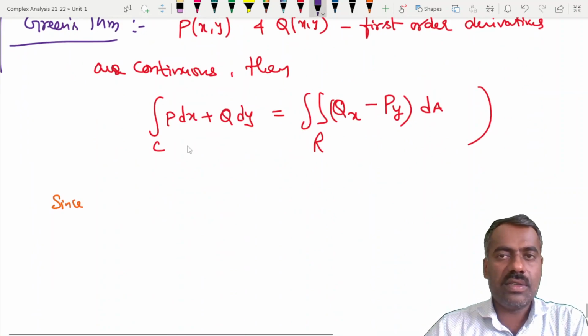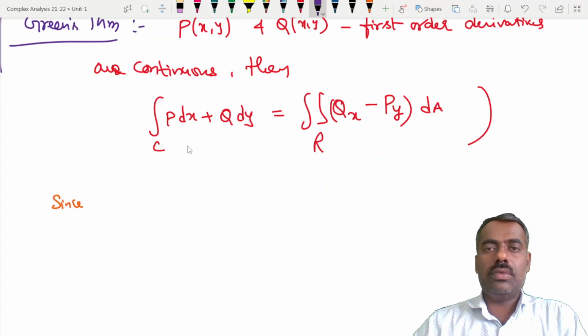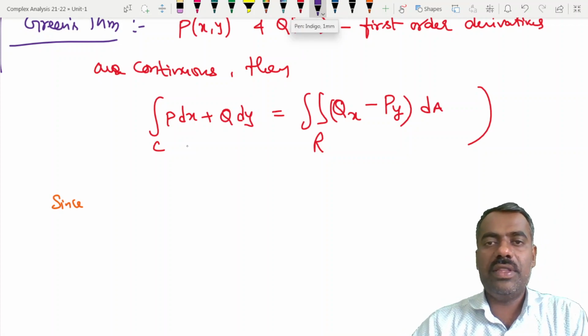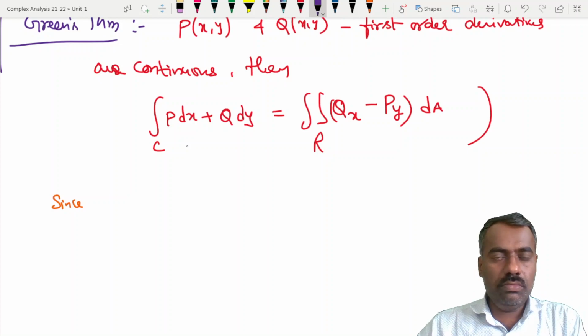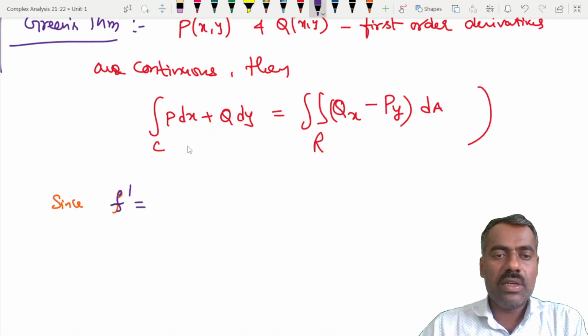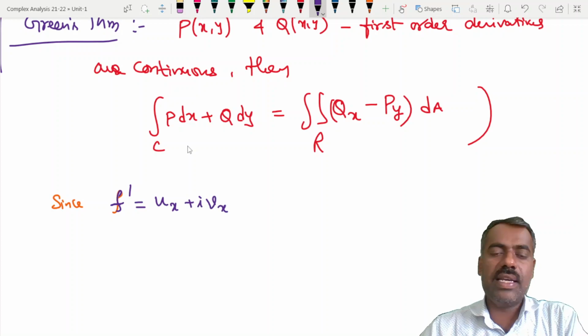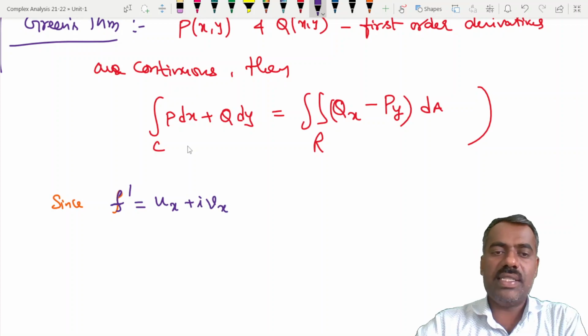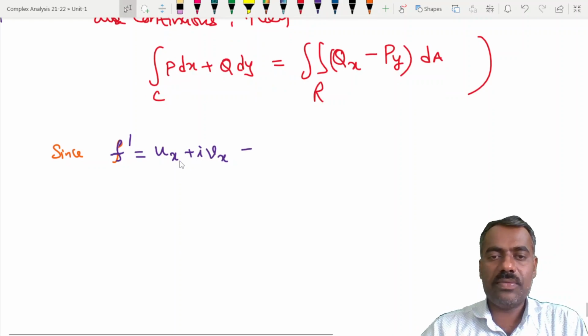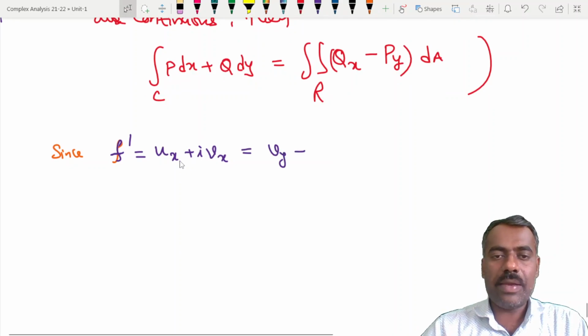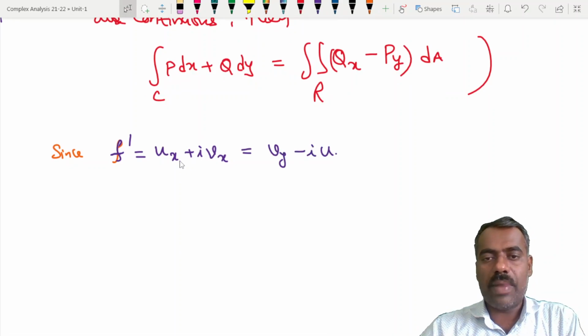Since our f dash is continuous, because f is u plus iv, f dash is ux plus i vx, which is also the same by using the CR equations: ux is equal to vy and vx is equal to minus uy.